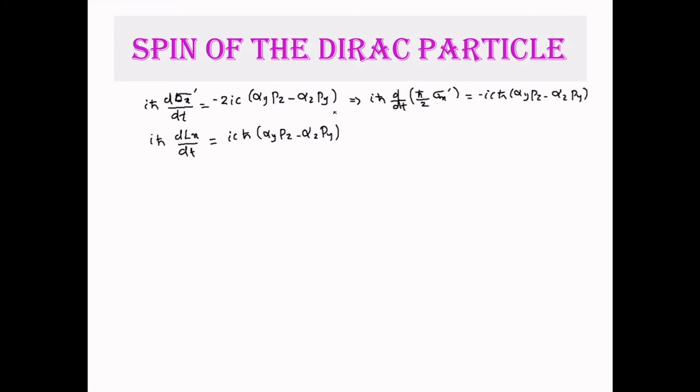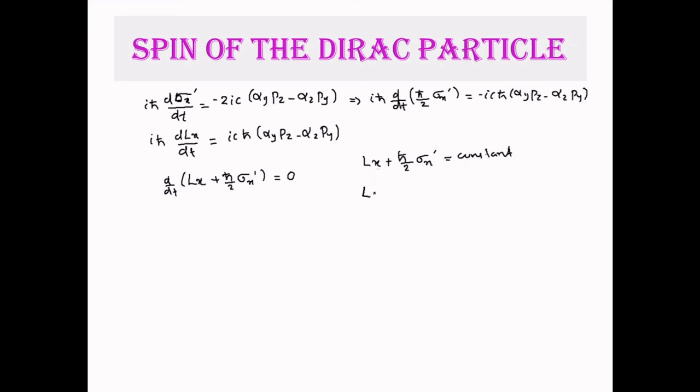Now if you take the sum of these two equations, the right hand side will be 0. When you add these two equations, you will get d/dt of (Lx plus ħ/2 σx') equal to 0. The time derivative of this quantity is 0, which means Lx plus ħ/2 σx' is a constant of motion. Similarly, the expressions are all good for the y and z components.